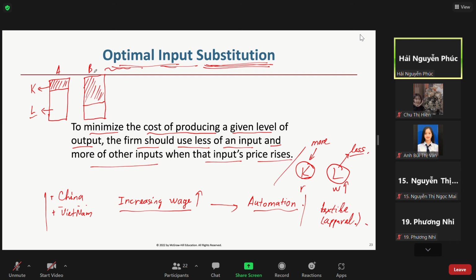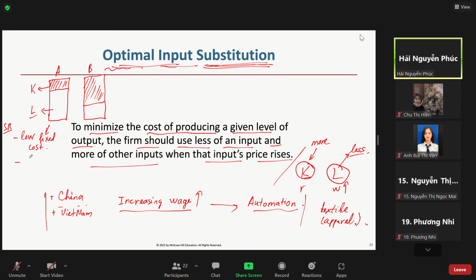If we compare company A and company B, we will observe the following. Company A is going to have a low fixed cost in the short run, because they use less capital.